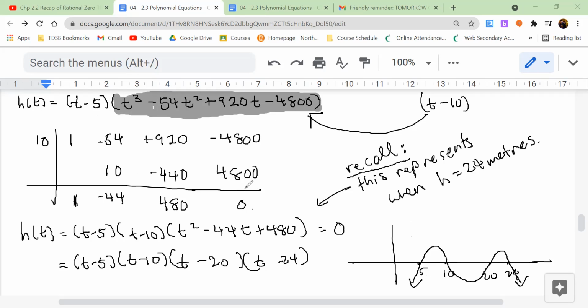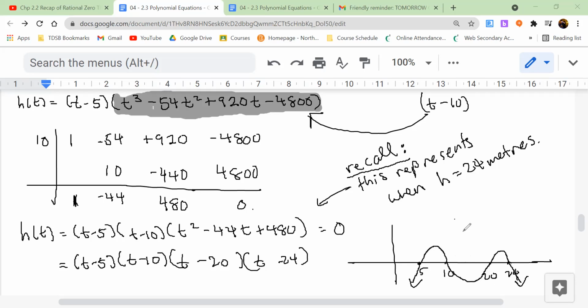So are we thinking not going on the ground? No, this doesn't necessarily represent underground.